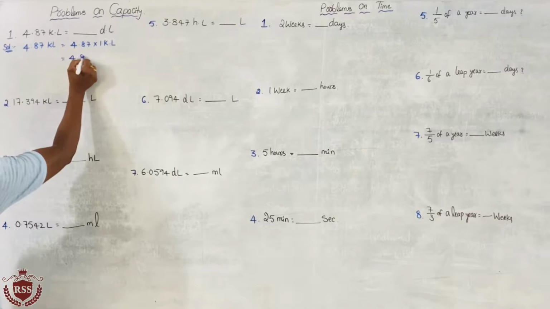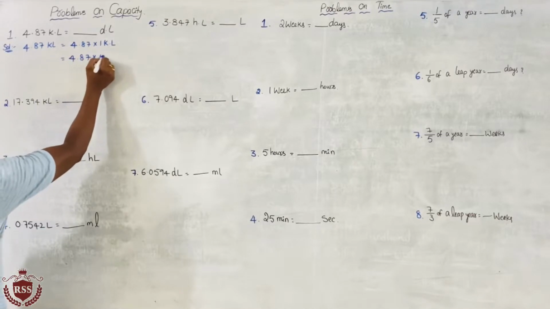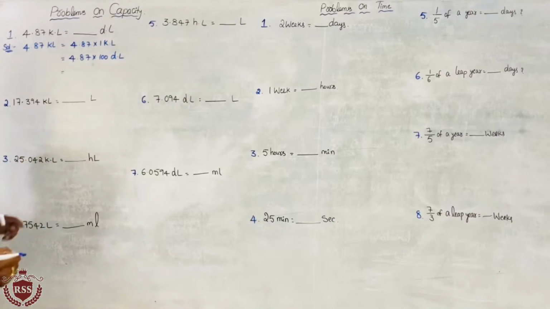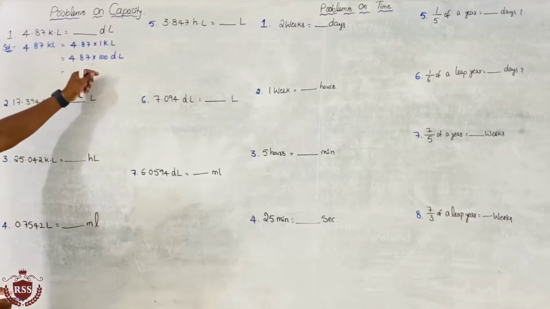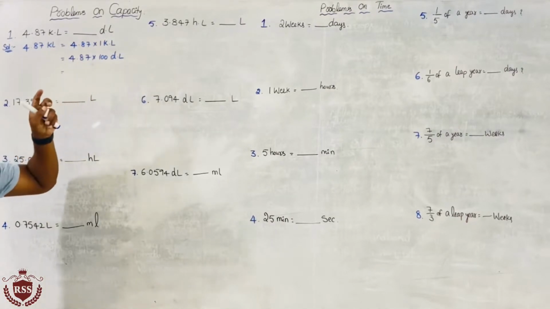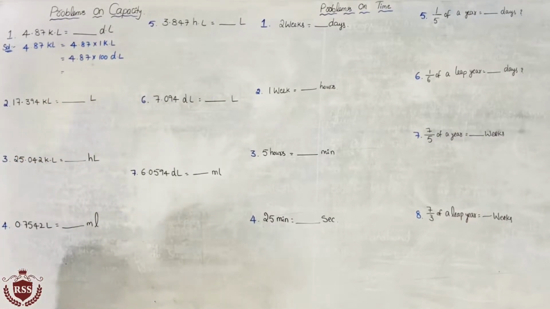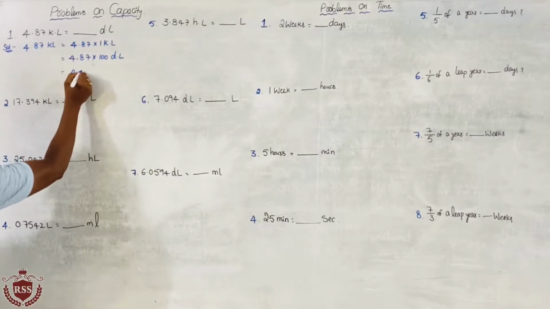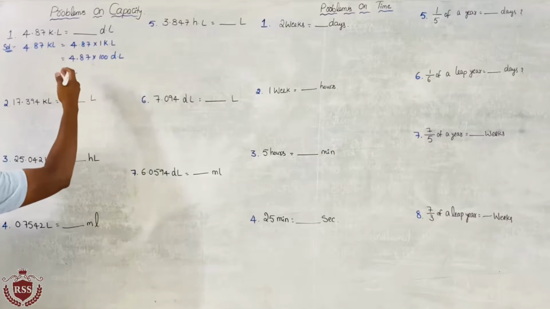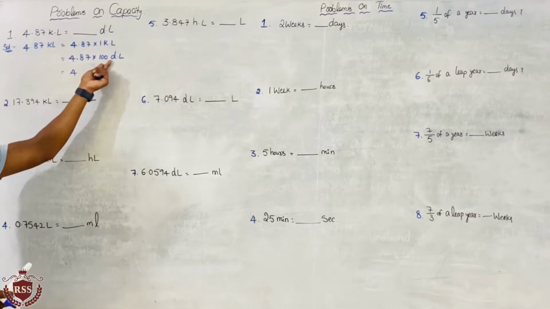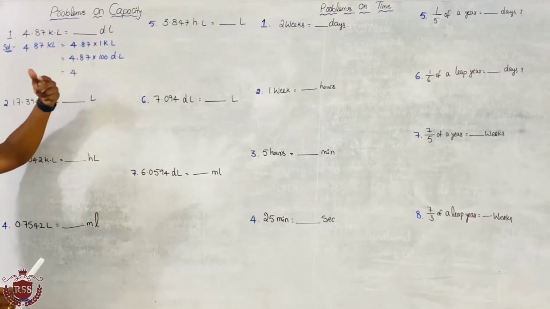So 4.87 into 100 decaliters. If we multiply with 100, the decimal point will be moved forward, as we have already seen in decimal values. Here we have two decimal places and two zeros, so we can remove the decimal point.